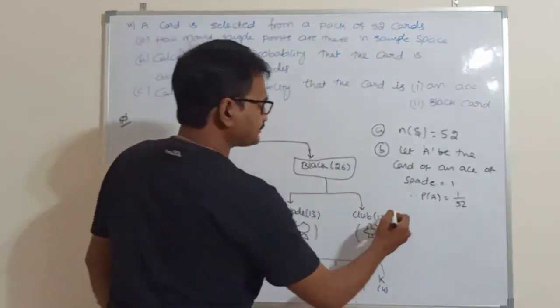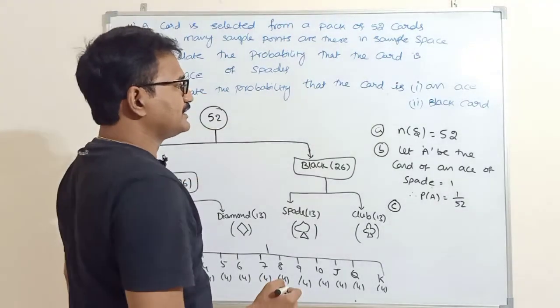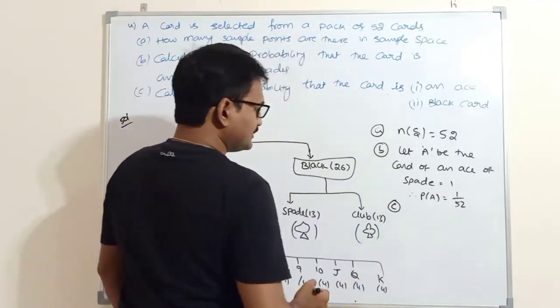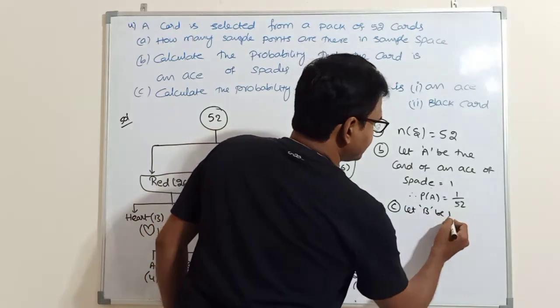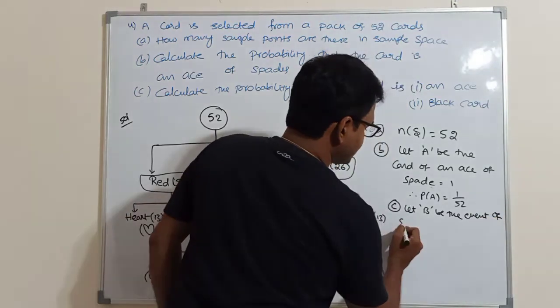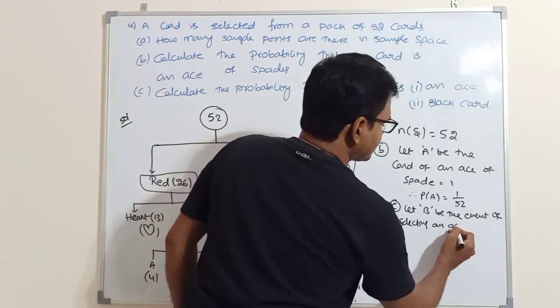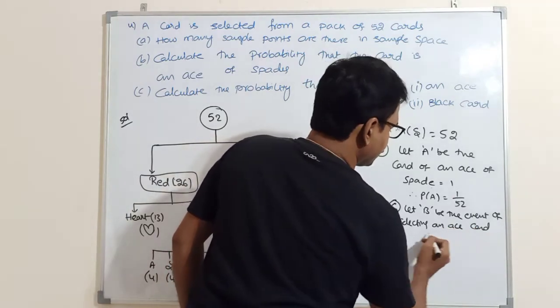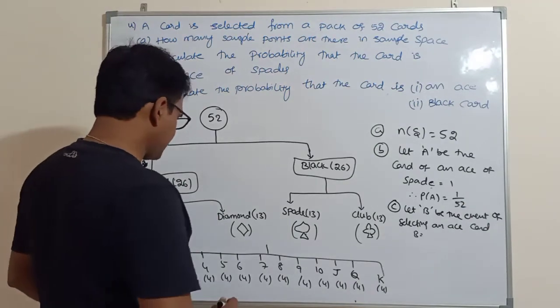Next, third one, question number C. Calculate the probability that the card is an ace card. So let B be the event of selecting an ace card. So total how many ace cards are there?